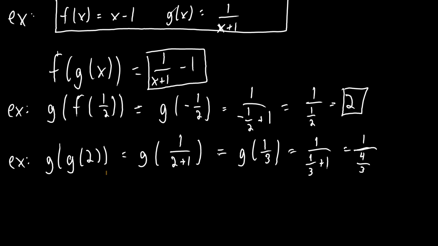And if you don't really know what to do at this point on how to simplify that fraction, let's do a quick little lesson on this. This is the same as this, which is just going to equal 3 over 4. Okay, and that's the end of that problem.